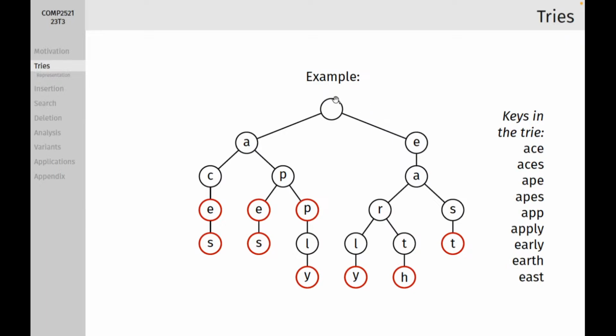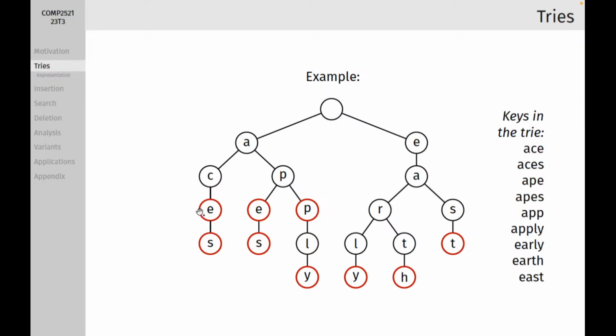Each node contains a character, and each key is represented by a path in the trie. For example, we have a path that involves the letters A, C, E, and that tells us that the key ace is in the trie.